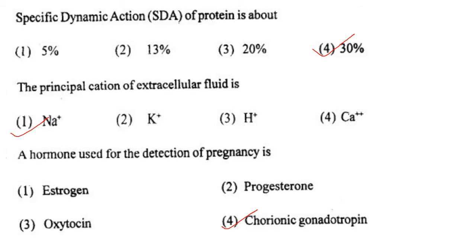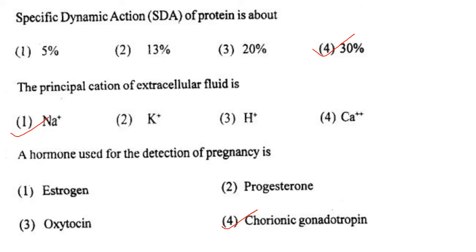Next one. Specific dynamic action of protein is about: option 1, 5%; 2, 13%; 3, 20%; 4, 30%. Answer is option 4, 30%. The principal cation of extracellular fluid is: option 1, Na+; 2, K+; 3, H+; 4, Ca2+. Answer is option 1, Na+. A hormone for the detection of pregnancy is: option 1, estrogen; 2, progesterone; 3, oxytocin; 4, chorionic gonadotropin.